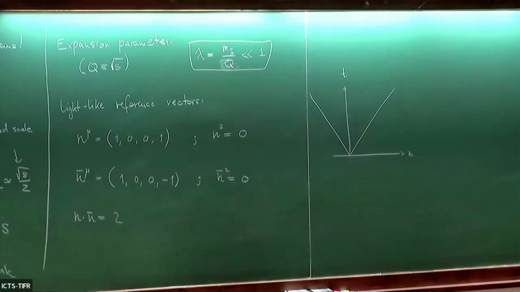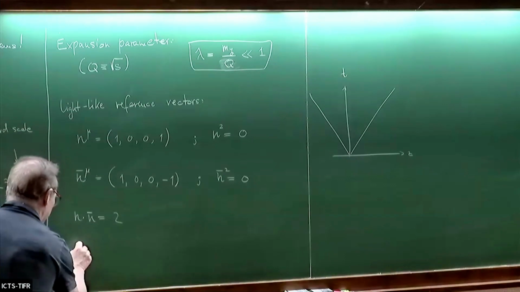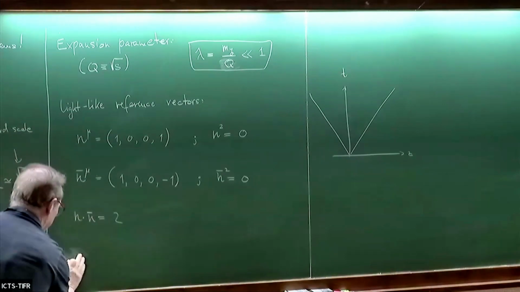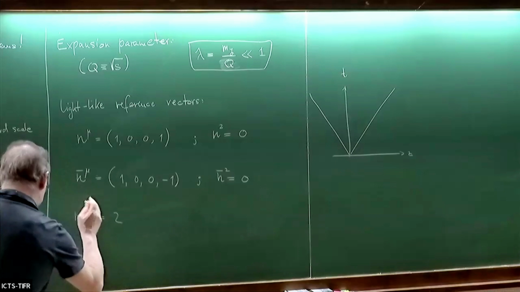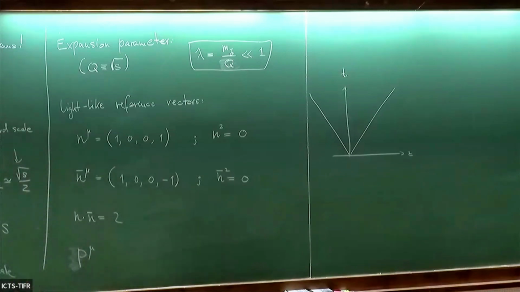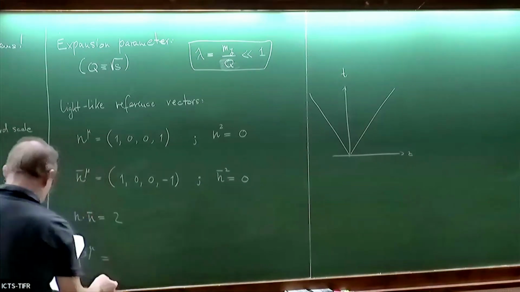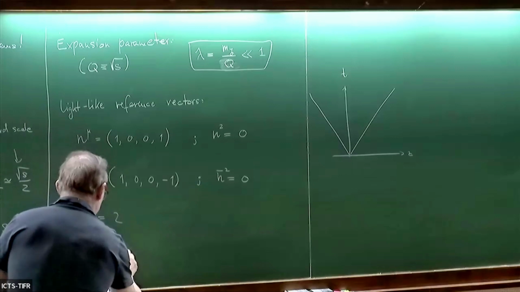So we can now write a generic vector p, not necessarily these vectors. Any 4-vector p can be written in the following form. It's not so hard to remember.